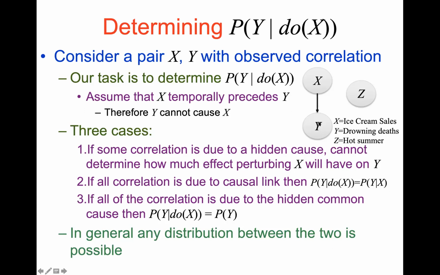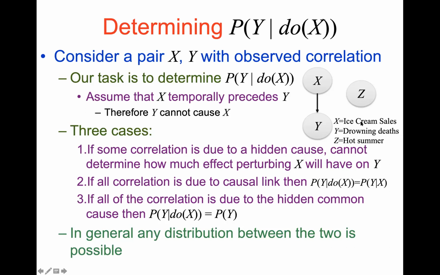So if all of the correlation is due to that, it is directly determined. If all of the correlation is due to the hidden common cause, then p of y given do of x is equal to p of y itself.